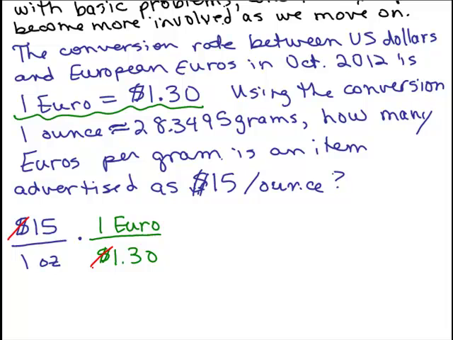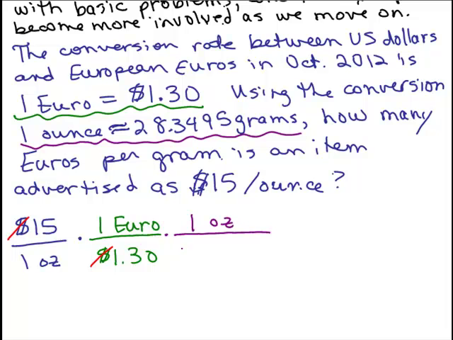But I also want to find out how many euros per gram. So now I have to do my second multiplication. So I have to look for my conversion factor right here. I want the ounces to cancel. So I've got ounces in the denominator, so I want to put 1 ounce in the numerator.